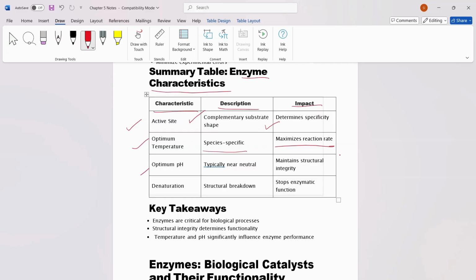Third is optimum pH. It is typically near neutral and maintains structural integrity. Then denaturation: structure breakdown that stops enzymatic function. So key takeaways for us are: enzymes are critical for biological processes. Structural integrity determines functionality. Temperature and pH significantly influence enzyme performance.